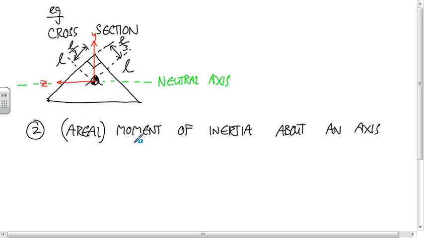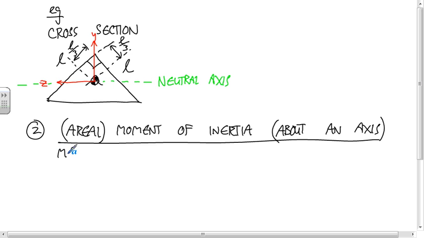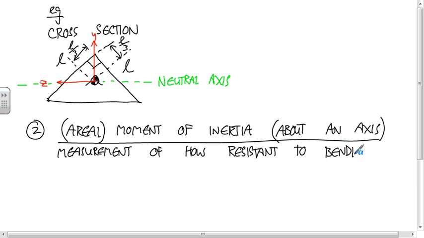People tend to just call it the moment of inertia, so I'm going to put areal in parentheses and about an axis in parentheses, but in order to understand what you're doing, you have to keep these in mind. And this is a measurement of how resistant to bending the cross-sectional shape is.